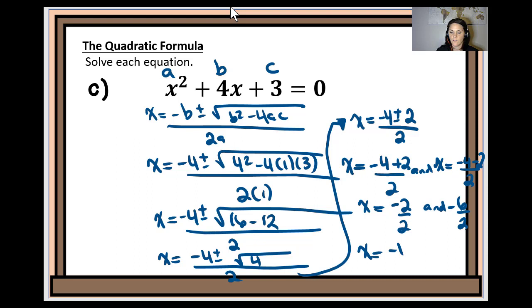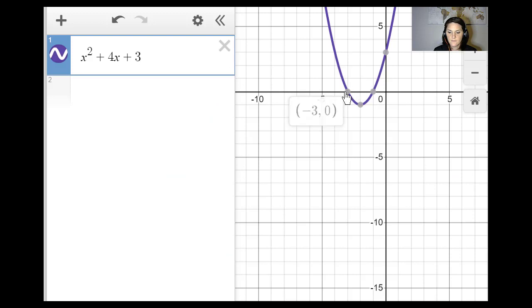So x is equal to negative 1 and negative 3. As a coordinate, negative 1, 0 and negative 3, 0. Okay, let's head over to Desmos and check. Okay, so taking a look at Desmos, we have negative 3, 0 and negative 1, 0. So those are, in fact, the zeros.